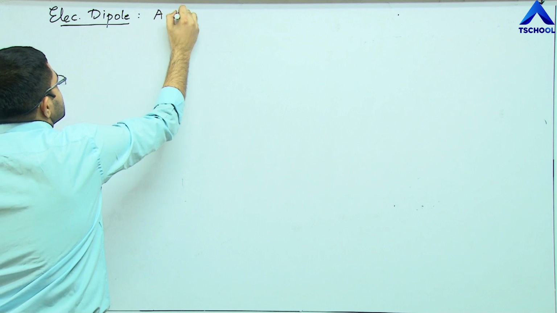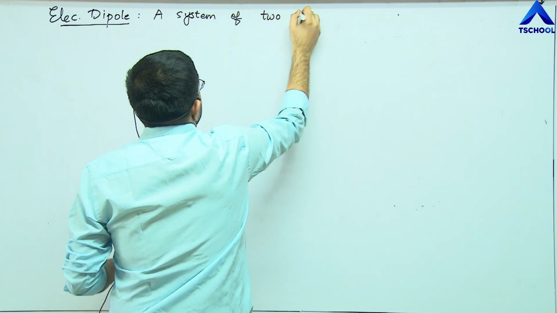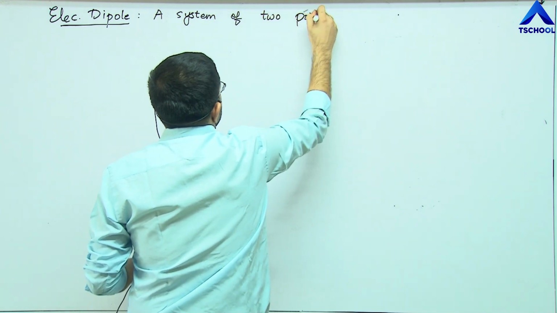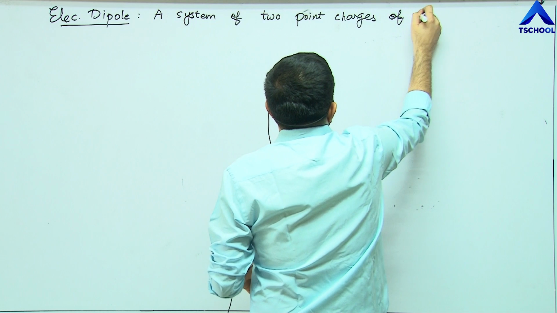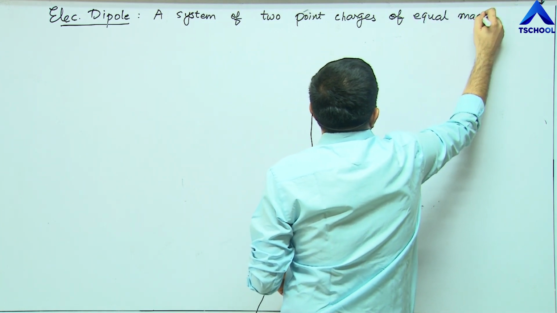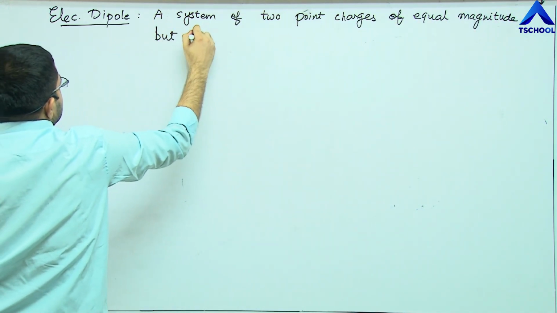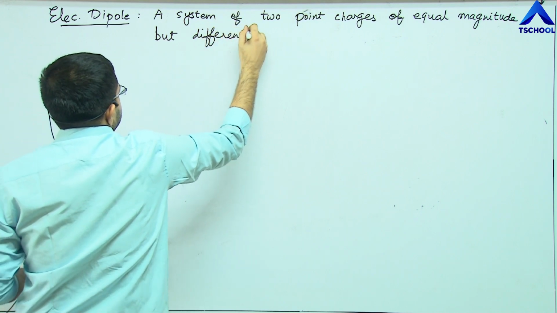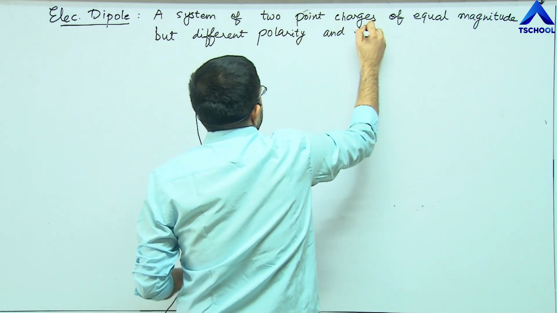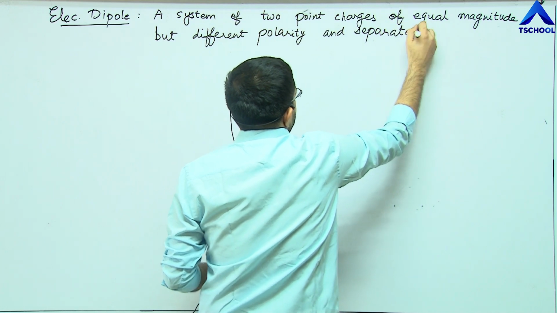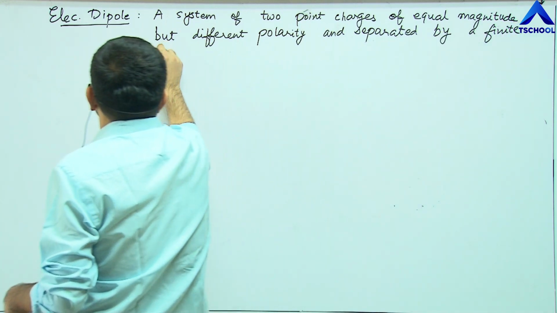It is a system of two point charges of equal magnitude but different polarity and separated by a finite distance.